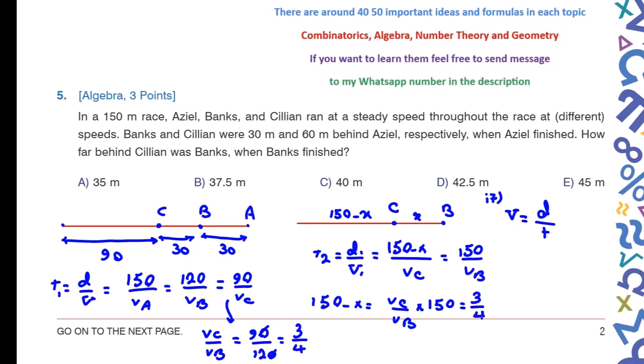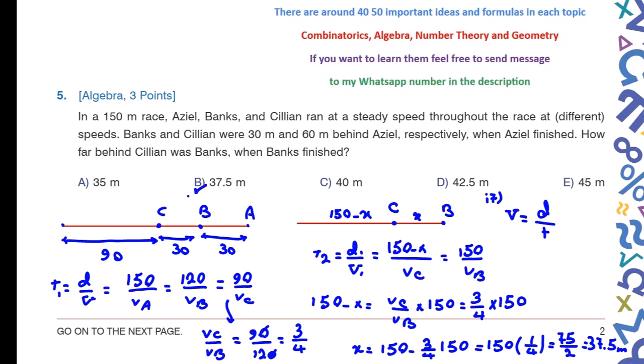So it will be 3 over 4 times 150. Now, x will be what? It will be 150 minus 3 over 4 times 150. If we factor out 150, it will be 1 minus 3 over 4, which is 1 over 4, which gives 75 over 2, which is 37.5 meters. 37.5. The answer is choice B.